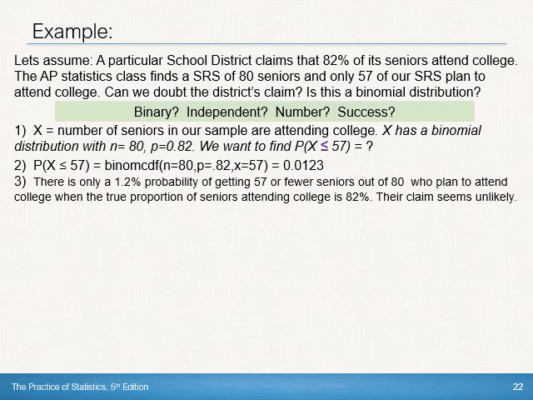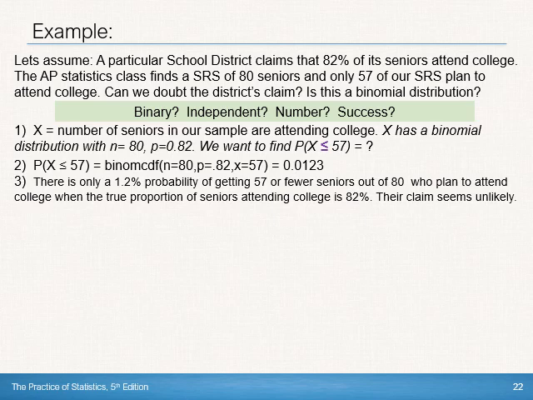So there's only about a 1% probability of getting 57 or fewer seniors out of the 80 who say they're planning on going to college if the true proportion of seniors attending college is 82%. That tells us that we can call into question the district's claim of 82%.